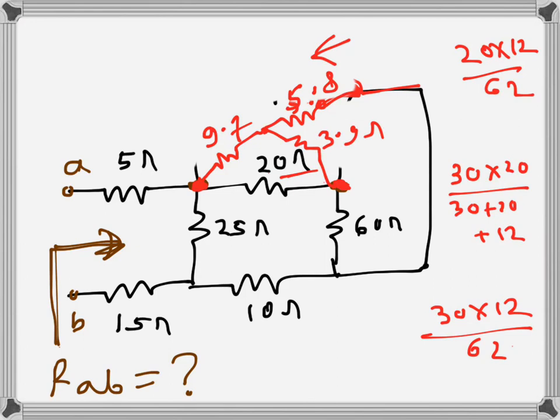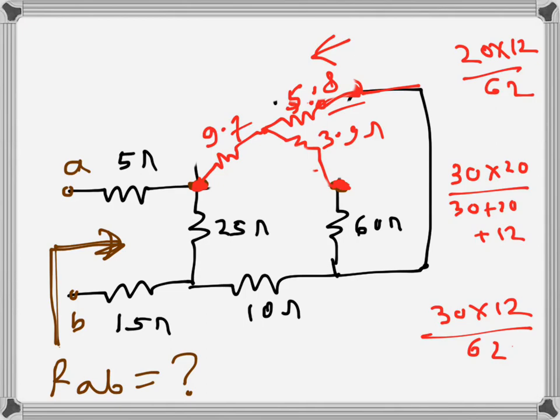If we leave it like that, we see 5.8. Of course, we have to erase this one as well. So all deltas are gone. So these are the Y's.